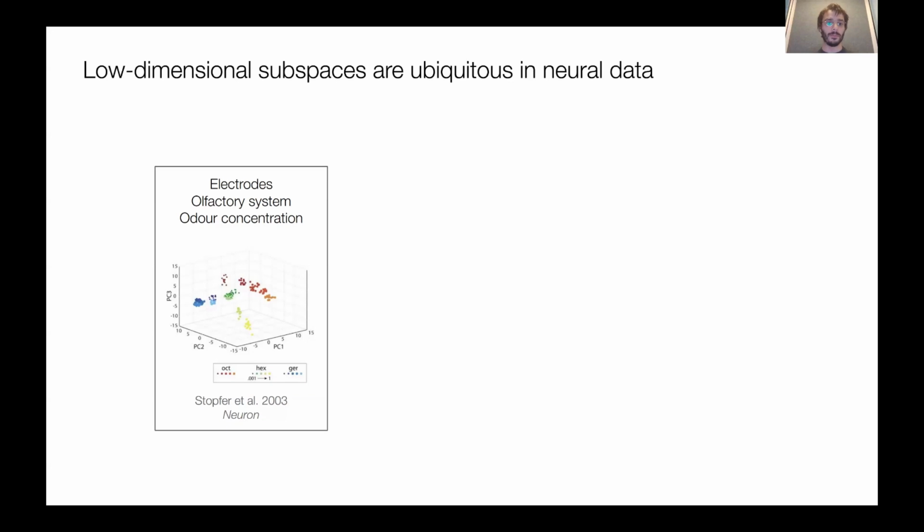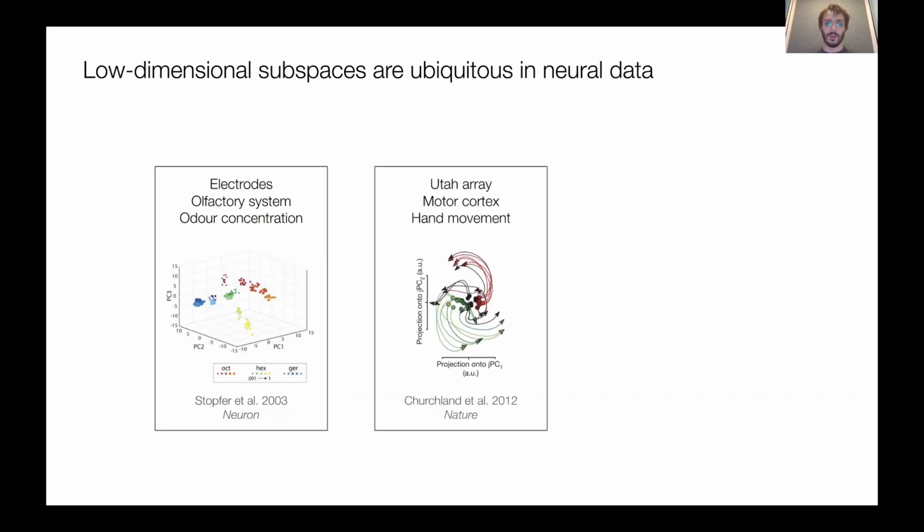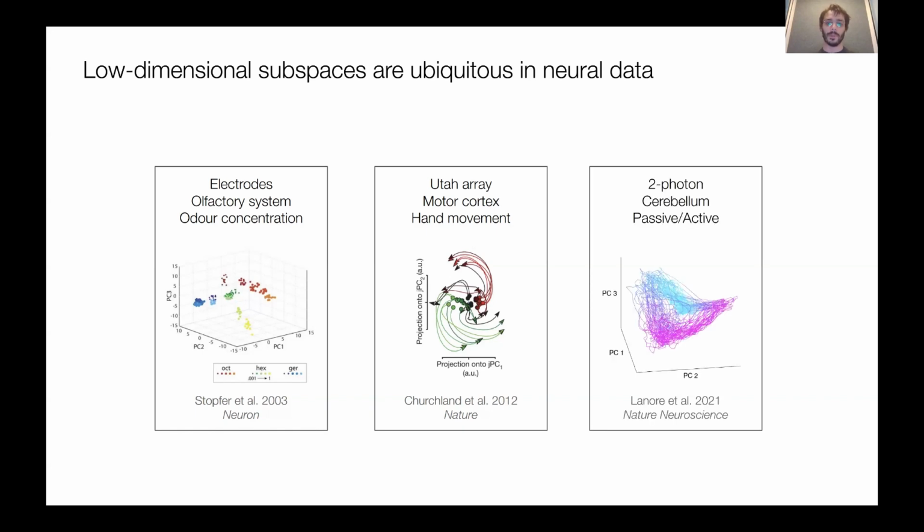And since then, people have really applied the same idea to several different types of data and several different types of tasks. So for example, at some point we had access to the recording of the same neurons during behavioral tasks using data arrays, and people applied these dimensional reduction methods to these motor data. And then more recently, people have been doing exactly the same thing on calcium data.